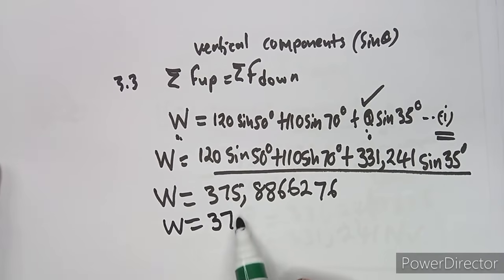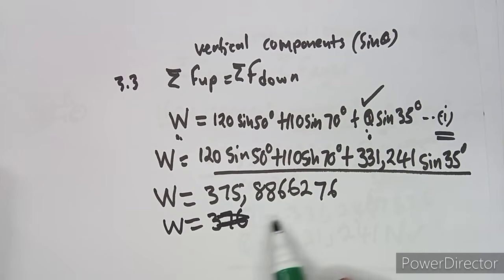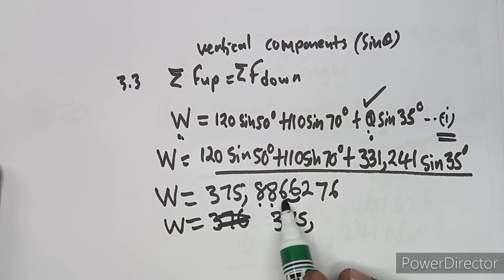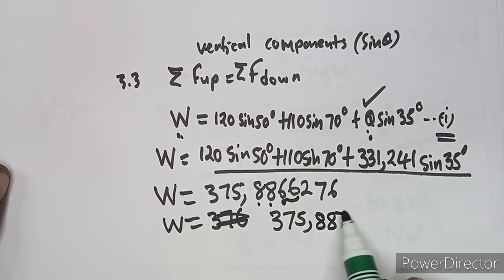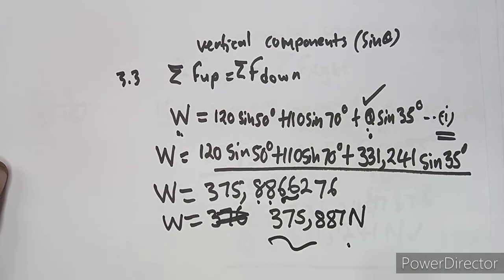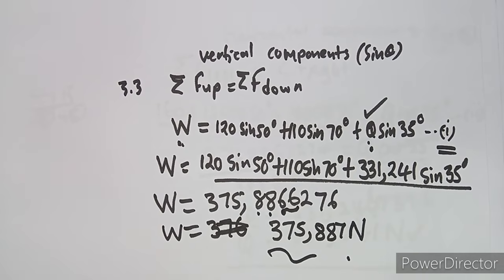So it's going to be 375, we've got 1, 2, 3. So this is going to change into 887, which is in newtons. So that is the concept there. So you've got the magnitude of the force W and also the magnitude of the force Q. That is how we were supposed to answer this question.